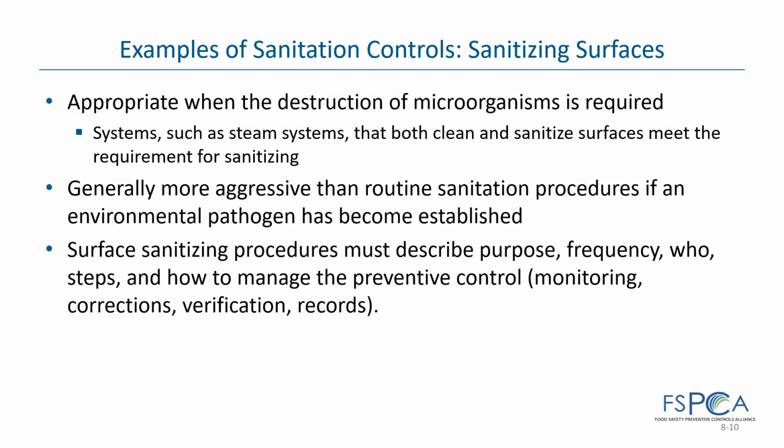Here are some examples of sanitation controls, specifically talking about surfaces. This is going to be appropriate when the destruction of microorganisms is required. You can use systems like steam systems, or you can use chemical agents, but as we saw in that definition, any of those chemical agents that you use, or really any system that you use to sanitize a contact surface, has to be safe as well.